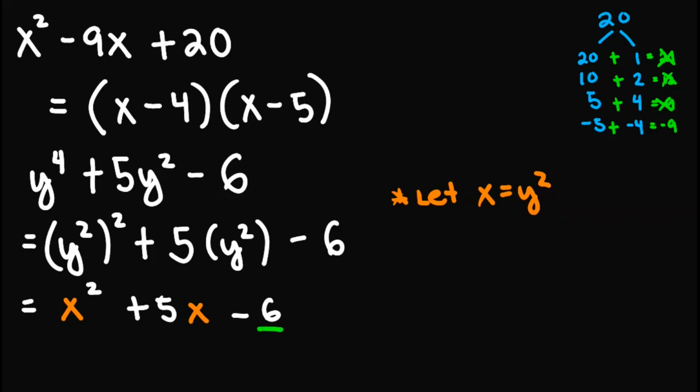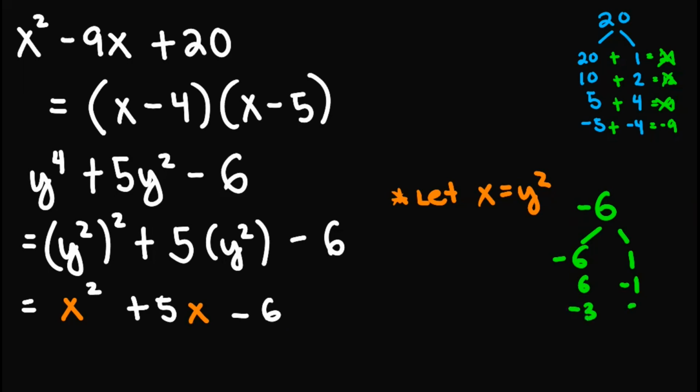So focusing on this one, listing out its factors, we can have 6 times 1. Oops, this is negative 6. So we can have negative 6 times 1, 6 times negative 1. What else?